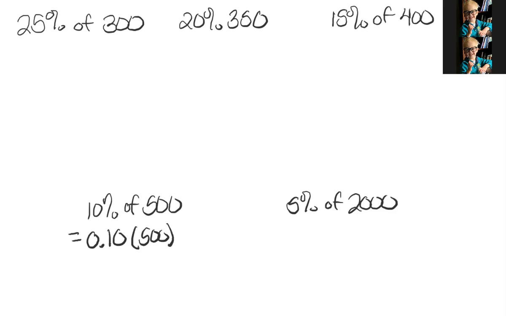The "of" is the same as times, as we saw with multiplying fractions. So this is 10% of 500, or 1/10 of 500.